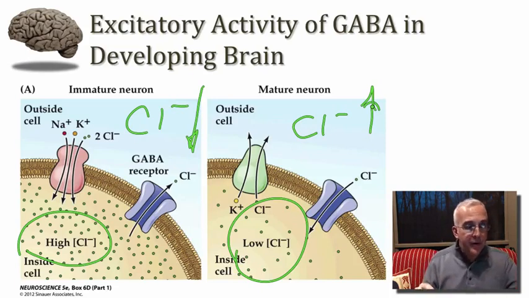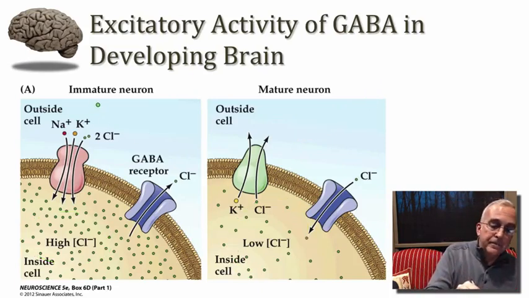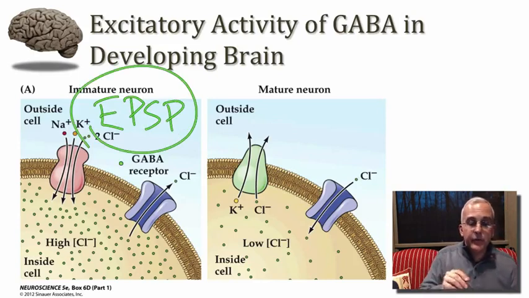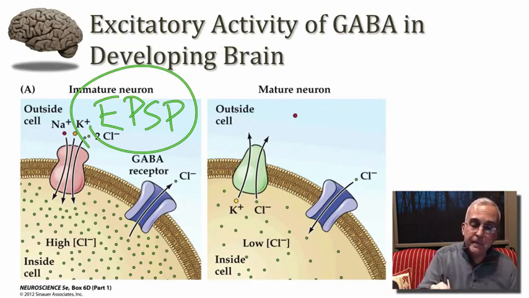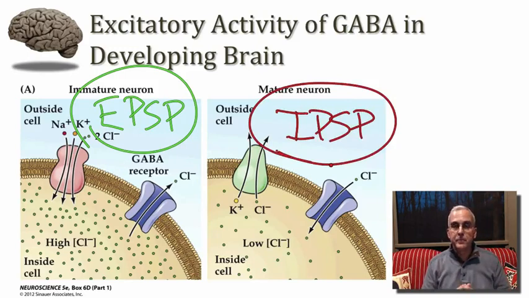So in the immature neuron, GABA is an excitatory neurotransmitter mediating excitatory postsynaptic potentials. But in the mature neuron, GABA typically is going to mediate inhibitory postsynaptic potentials. Okay, and again, the key difference is the expression of different transporters that can change the gradient for the permeant ion.